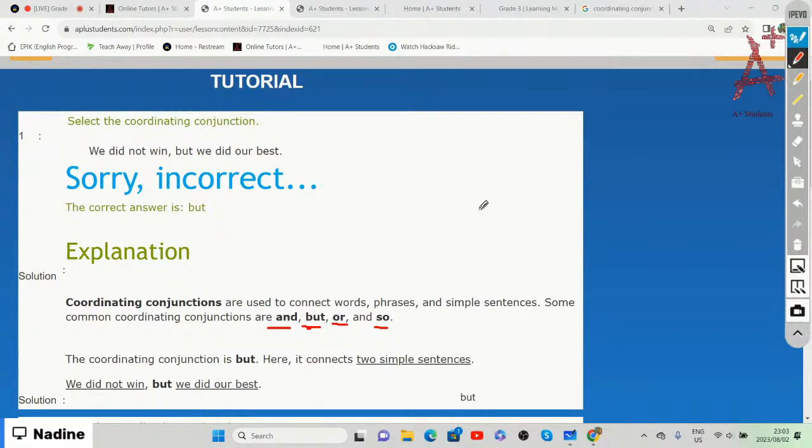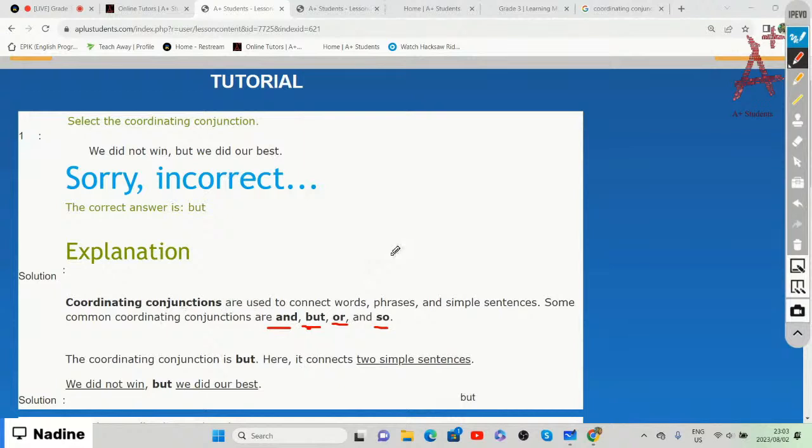So these are some of the words, like and, but, or, so, that basically connect words, phrases, or simple sentences, right? And we are going to expand more during our lesson on how we can connect these words, connect the phrases, as well as the simple sentences by using and, but, or, and so, right?